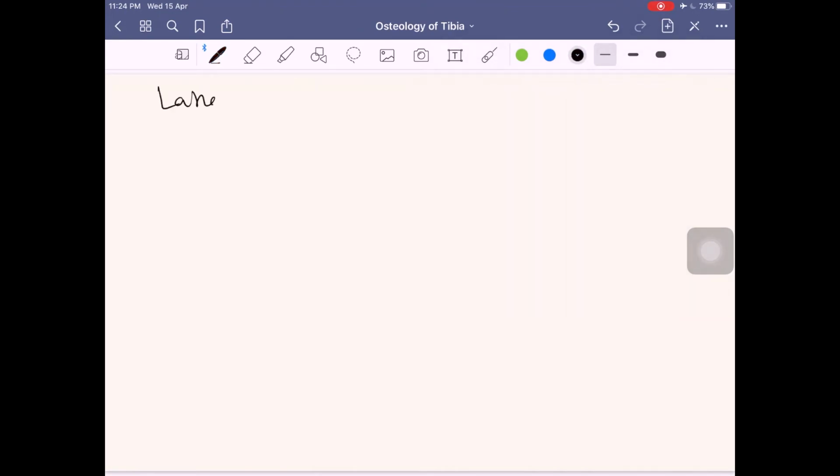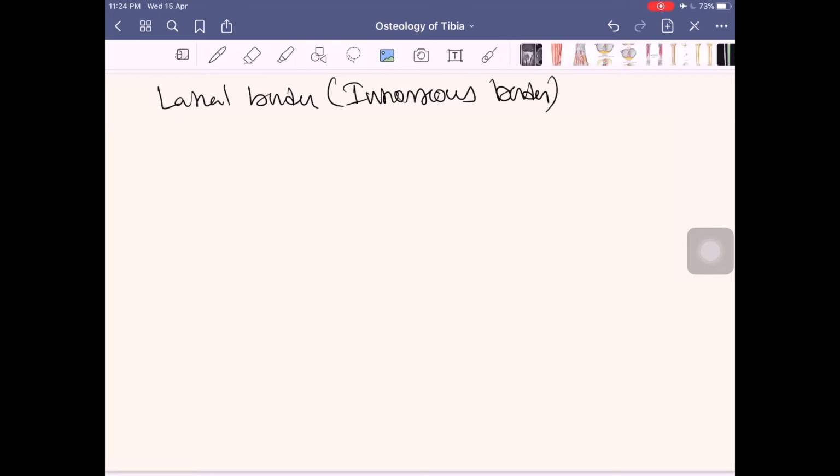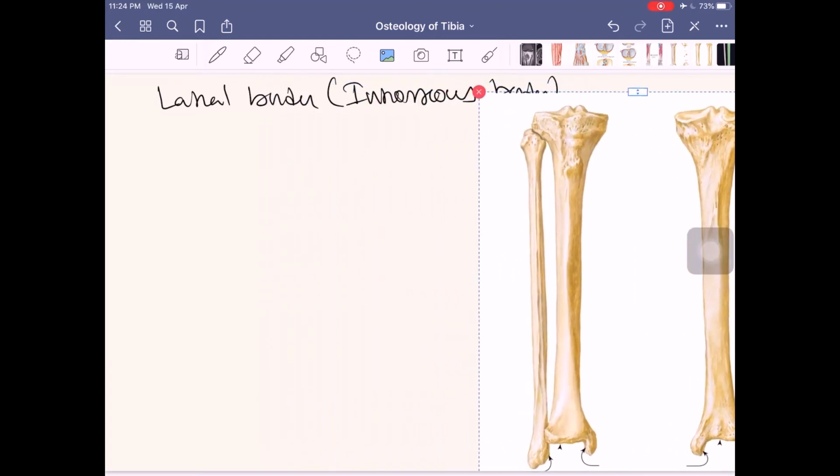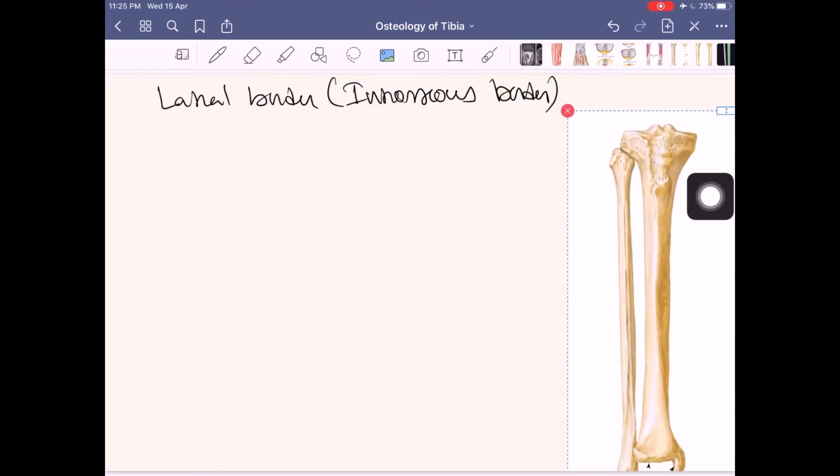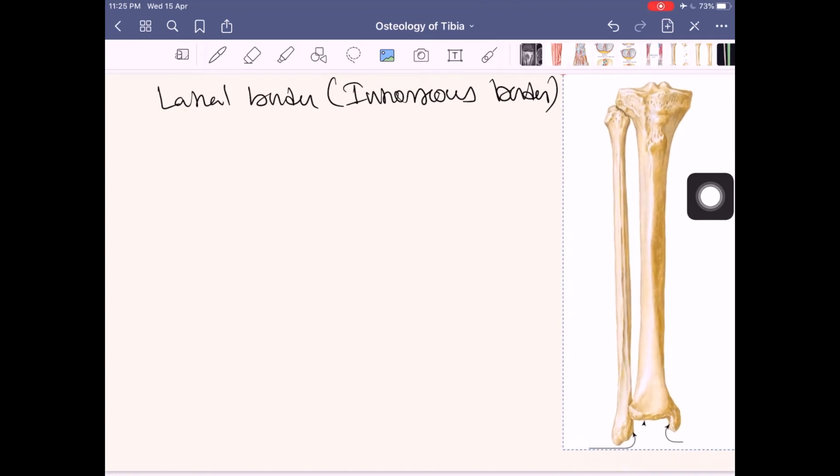Next is your last border, the lateral border, and I told you the lateral border can also be called the interosseous border because it gives attachment to the interosseous membrane. So here is your lateral border now.